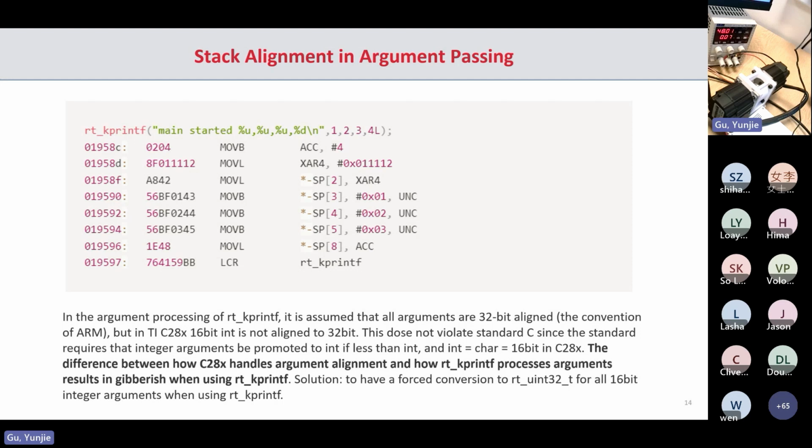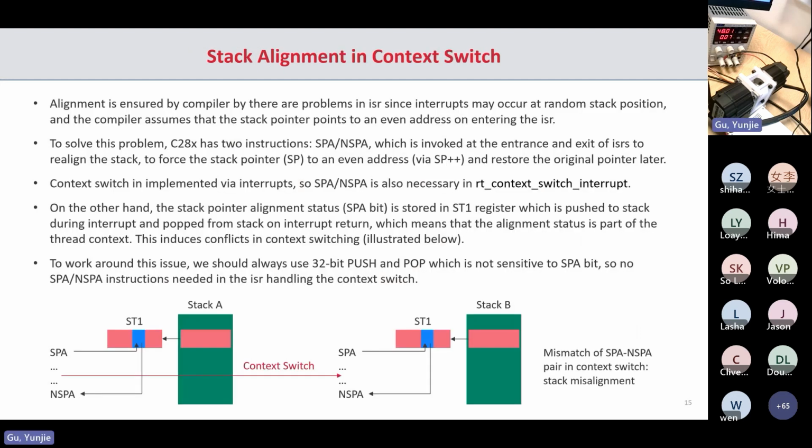So we have a forced conversion for the 1, 2, 3 here, and then they are forcibly aligned to 32-bit. This is easy. This next one is a little more difficult, because the memory and the stack are not aligned in the same way as other standard devices. Data is either 16-bit or 32-bit, and 32-bit variables can only be put at even addresses.